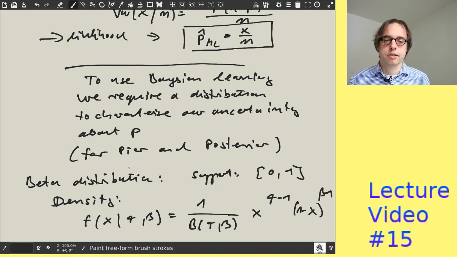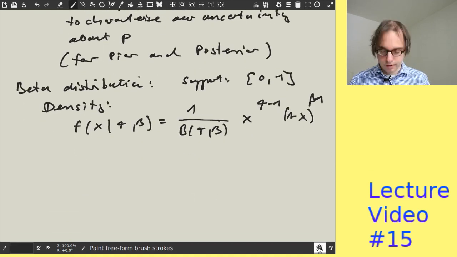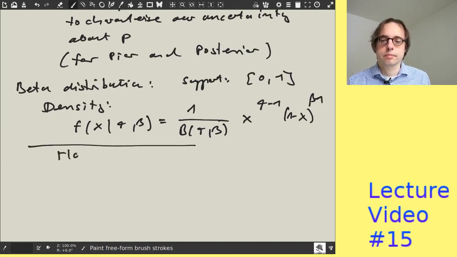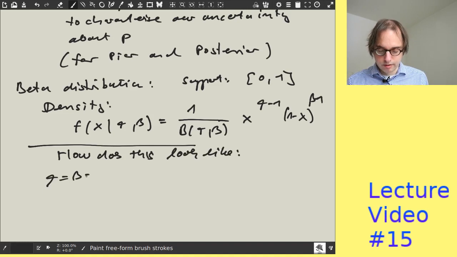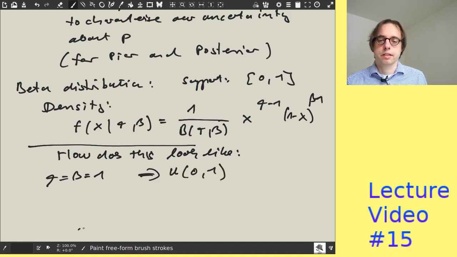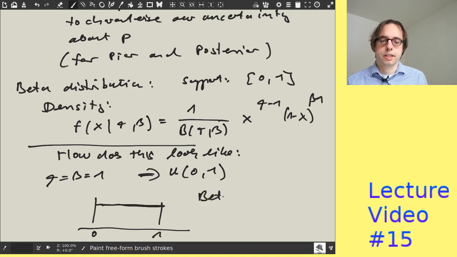So let's look at how it looks. We have some special cases. If alpha equals beta equals 1, then we get the uniform distribution between 0 and 1, so it looks like this. This would be Beta(1,1).